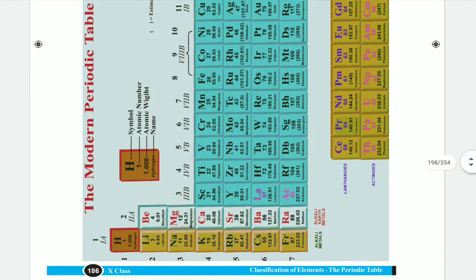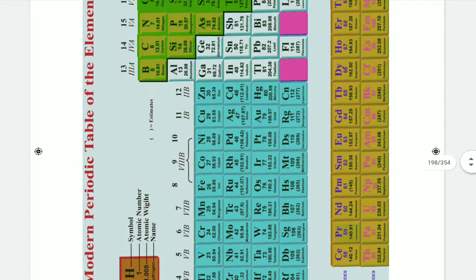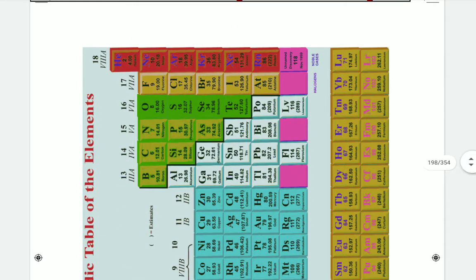From potassium to krypton in the fourth period, we have a total of 18 elements.